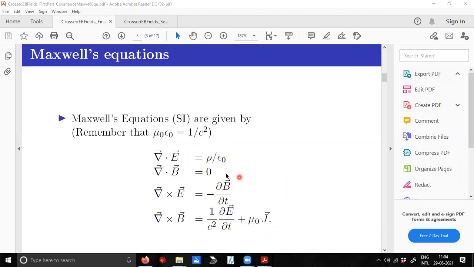Given the charge density and the current density J, your job is to solve these differential equations to obtain the electric and magnetic fields.